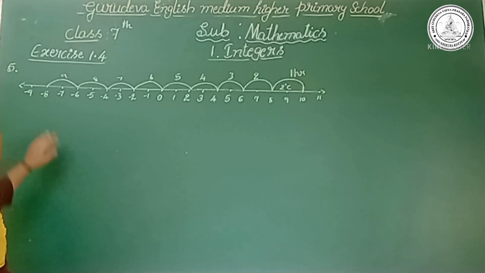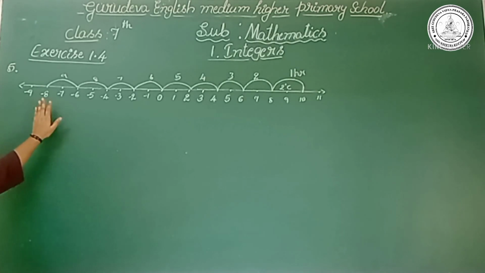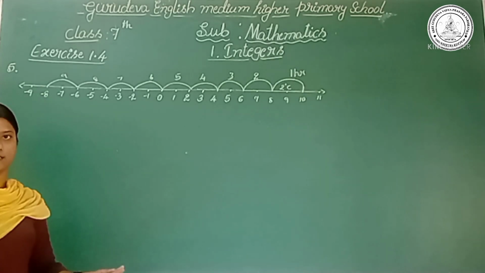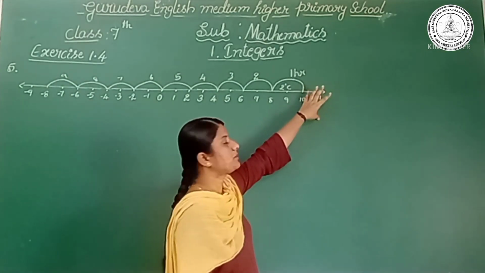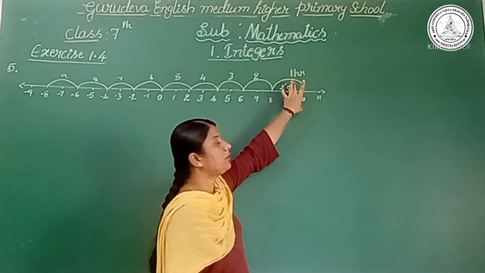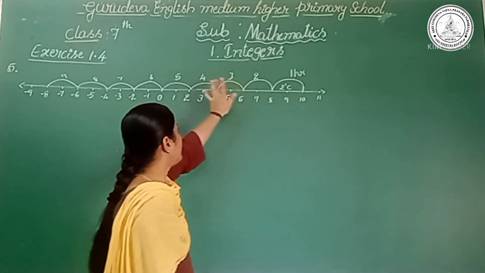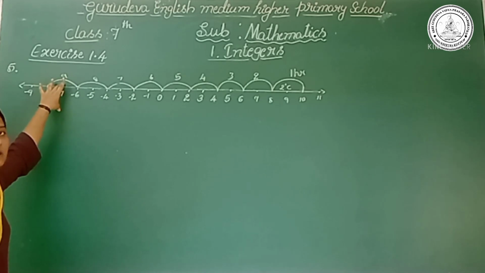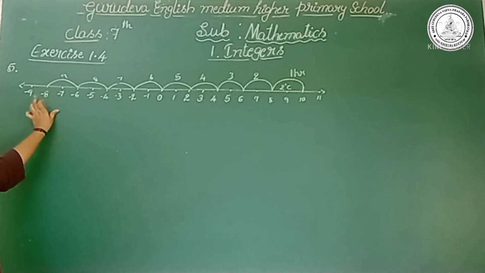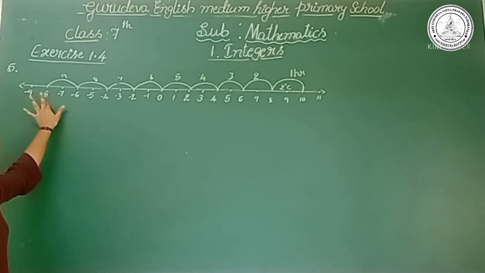For 9 hours the temperature was minus 8 degrees Celsius. Right? So it is in the afternoon. At 12 o'clock it was 10 degrees Celsius. After 1 hour is 1 o'clock, 2 o'clock, 3 o'clock, 4 o'clock, 5, 6, 7, 8, 9. At 9 o'clock, which is night time, 9 p.m., the temperature was minus 8 degrees Celsius.